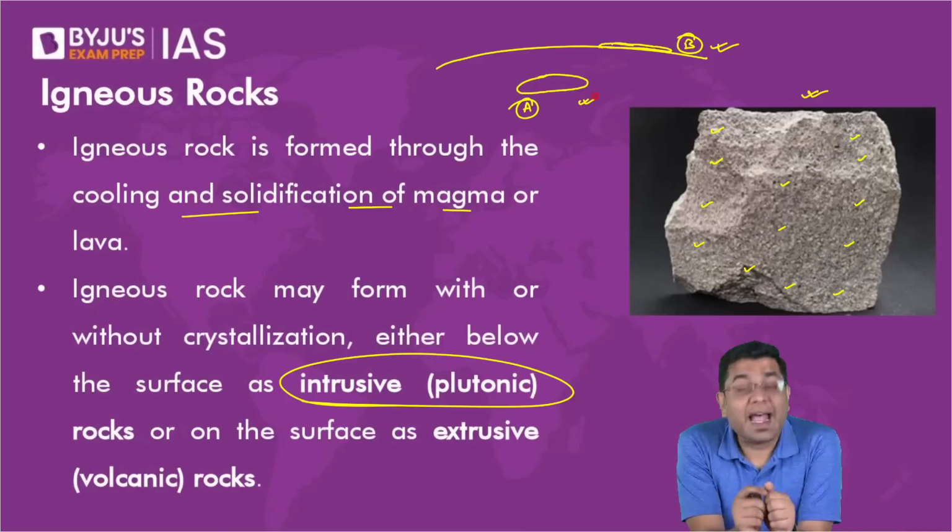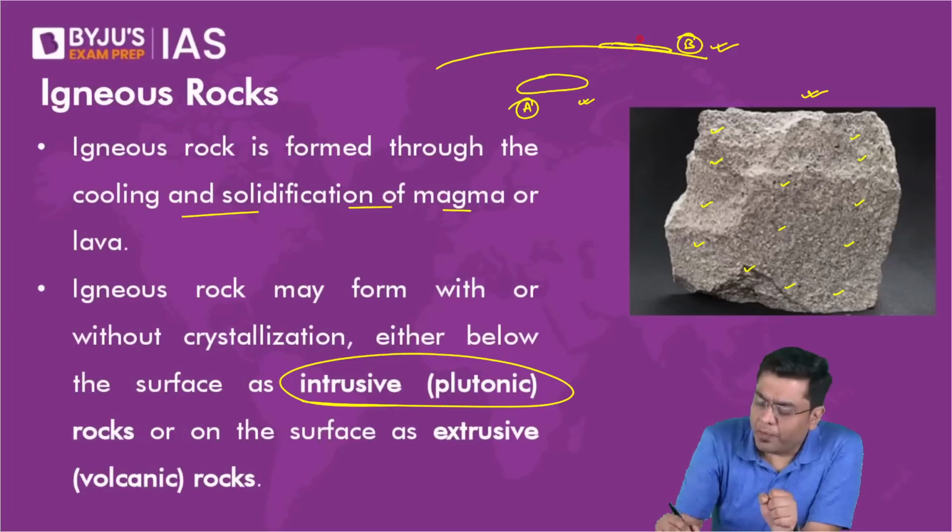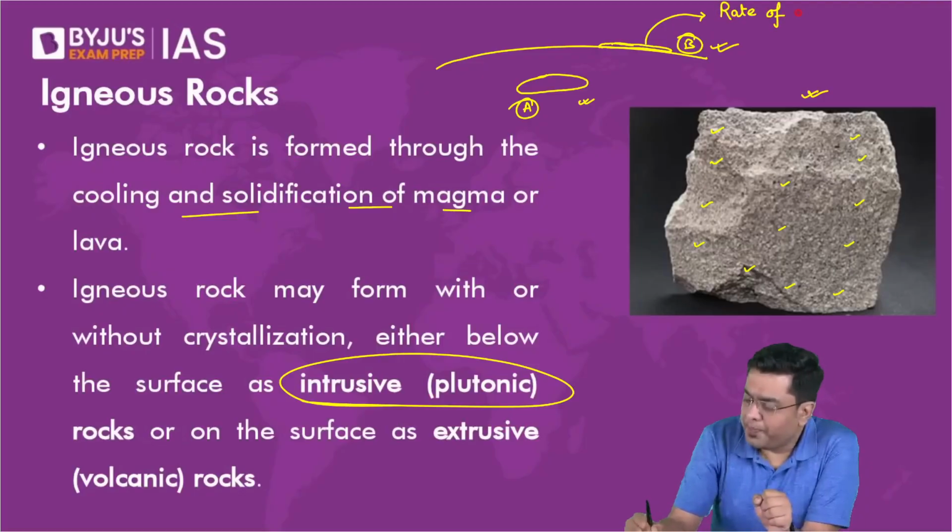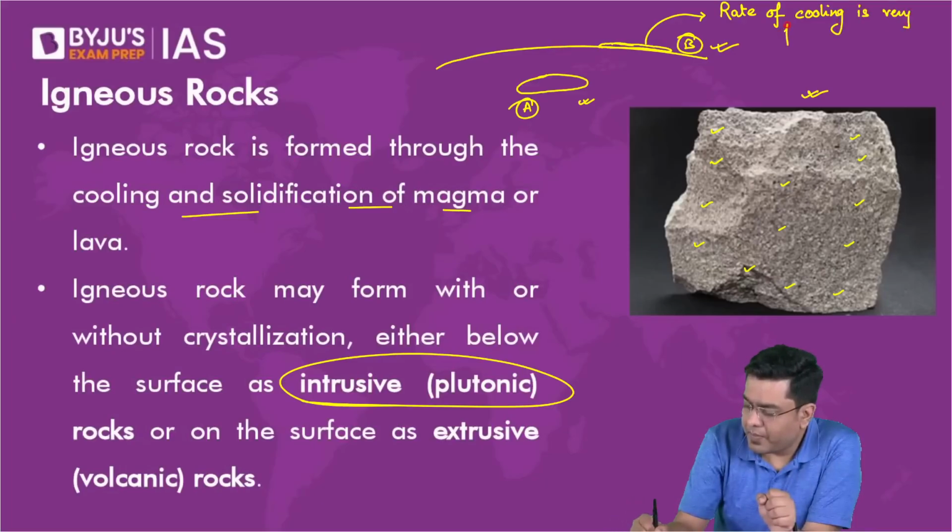So that takes us to another concept. Slowly, we will come to another concept. So here we know that cooling down is faster. Rate of cooling is very fast. Rate of cooling is very slow.